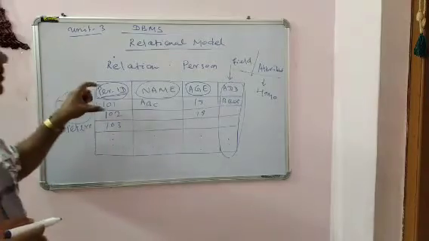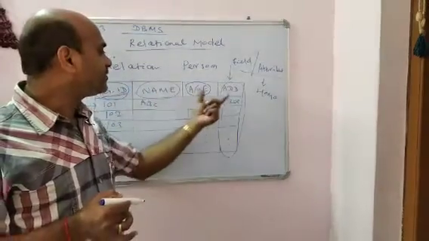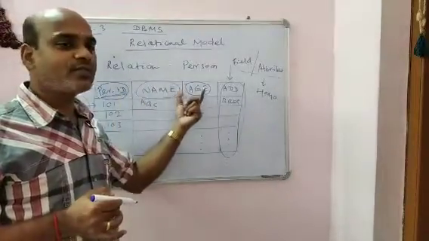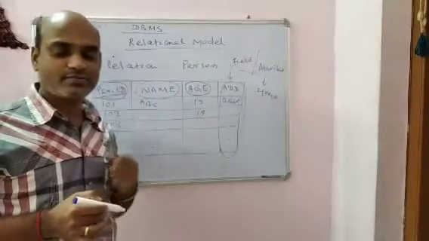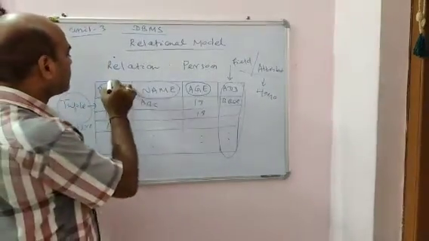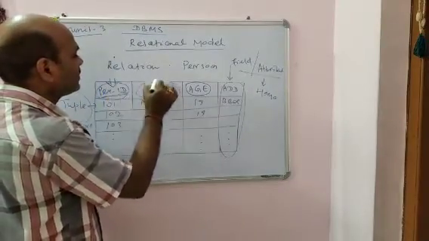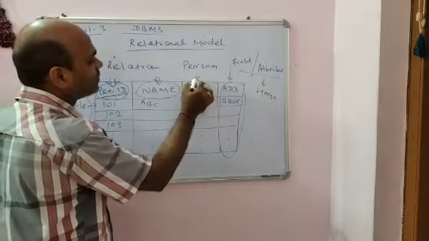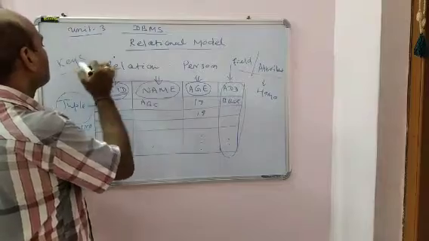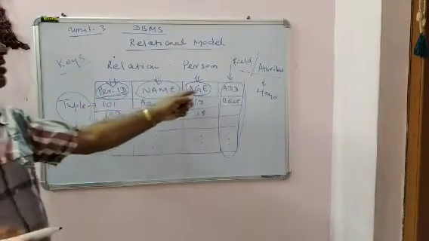Now we'll discuss different attributes having different data types in a tuple in a relation. There are so many types of values, and these are called the keys, database keys. This is a key, this is another key, this is another key.